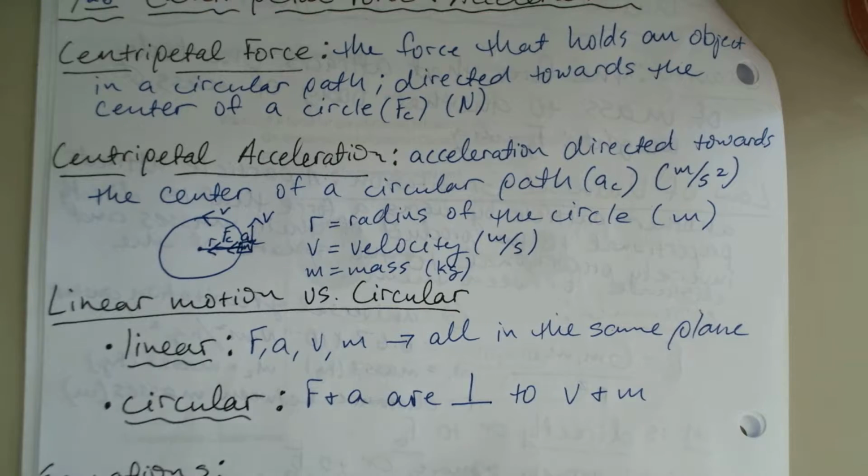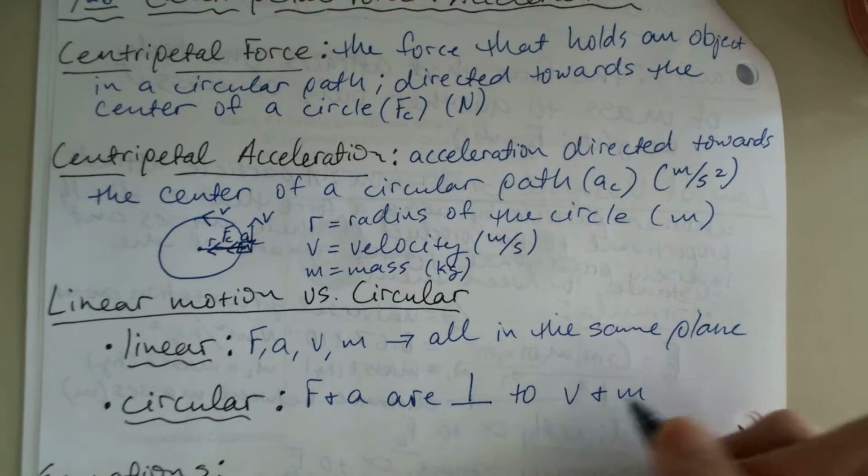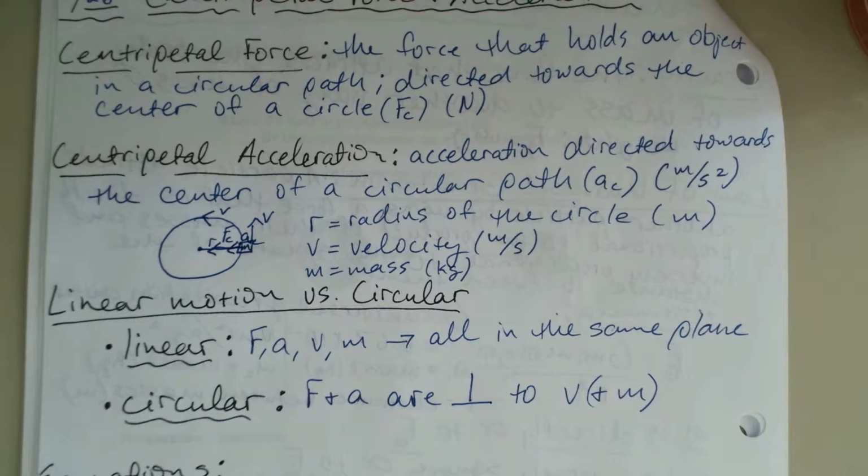The mass doesn't really have a direction, okay, so I'm going to kind of put that in parentheses. It doesn't really have a direction, but because it is the part that's being moved, we're going to think of it as, okay, well, the only real arrows that matter coming off of that are the ones directed to the center or the one directed perpendicular to those, okay? So mass, obviously it's not a vector, but it's going to be in the same plane as the velocity.